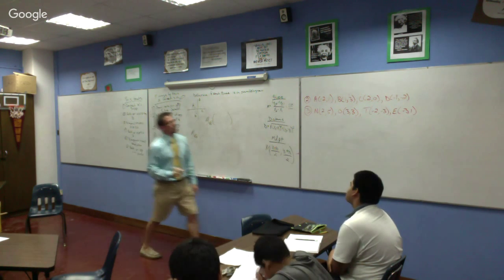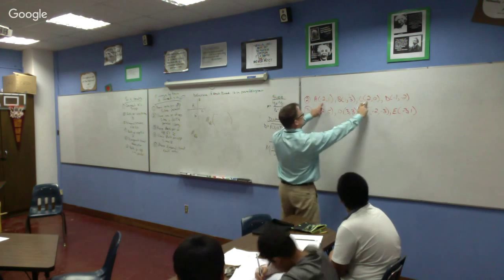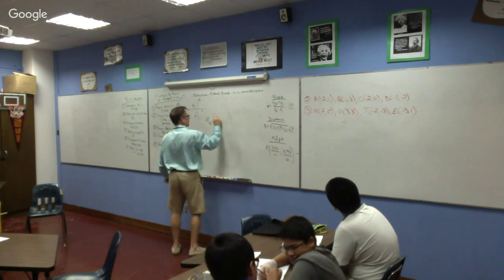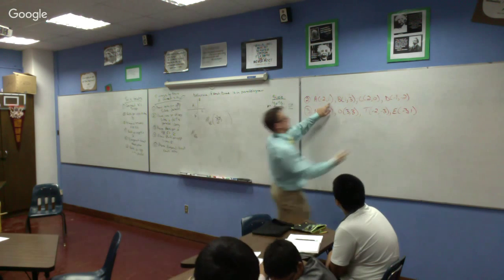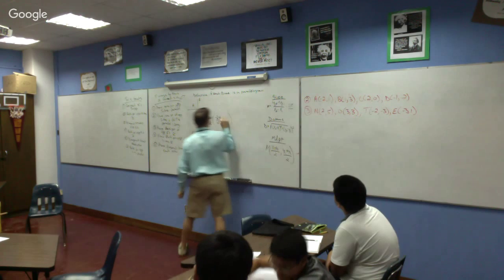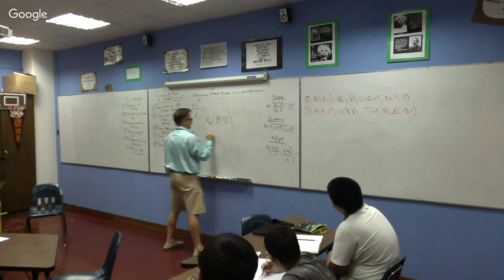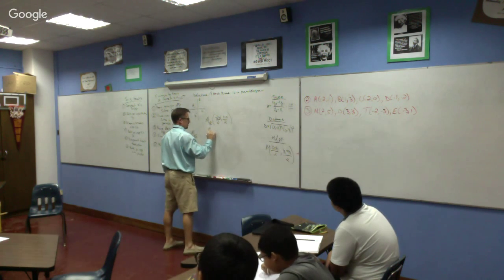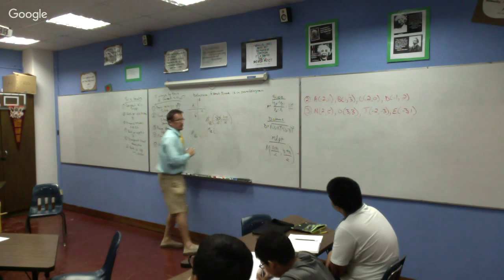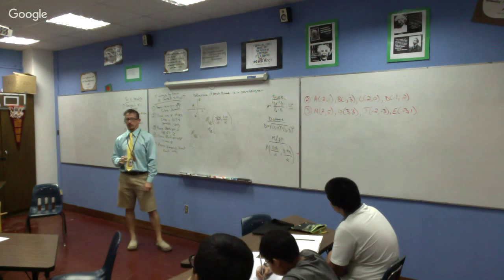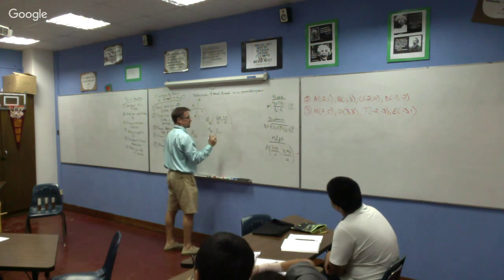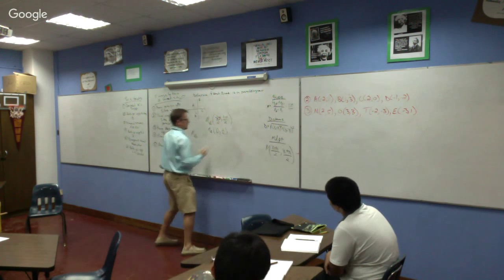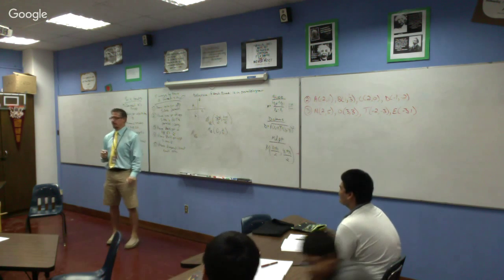Segment AC: -2 plus 2 divided by 2, and 1 plus 0 divided by 2. -2 plus 2 is 0, 0 divided by 2 is 0. 1 plus 0 divided by 2 is 1/2. So there's that 0.5.